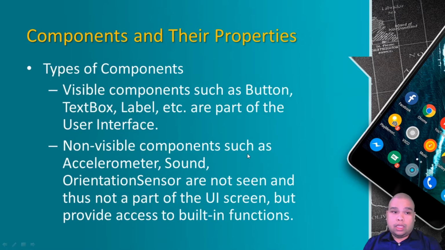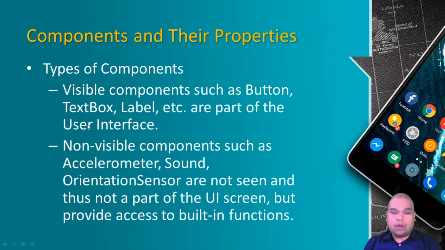So what is a visible component? Visible components are components that you can see on your mobile application. These are buttons, text boxes, labels, etc. Most of the time when we say visible components, we usually refer to the components that fall under user interface.